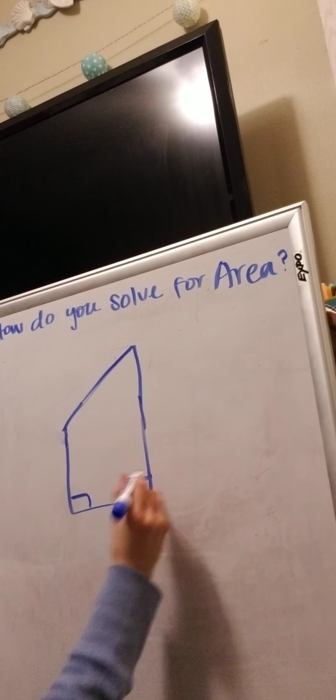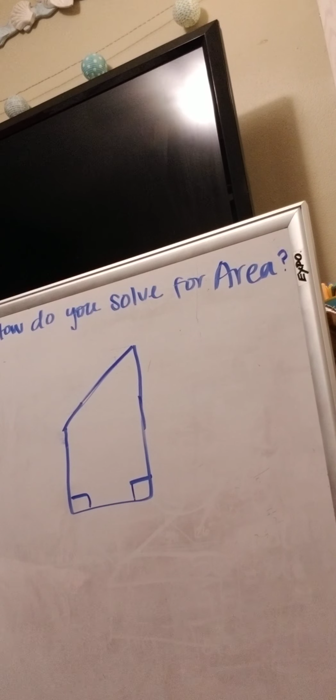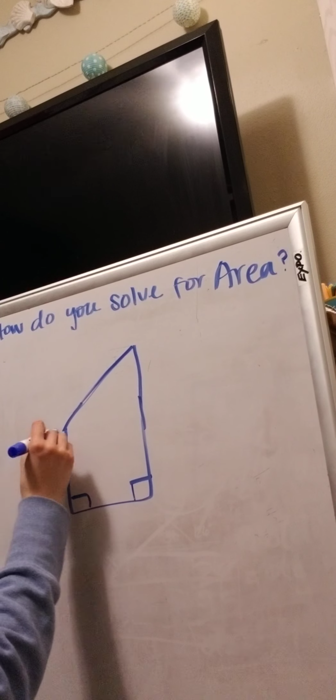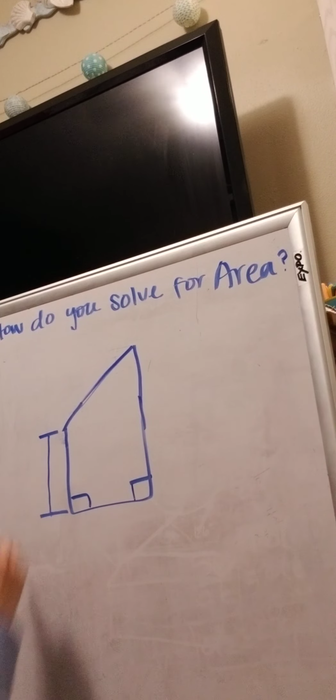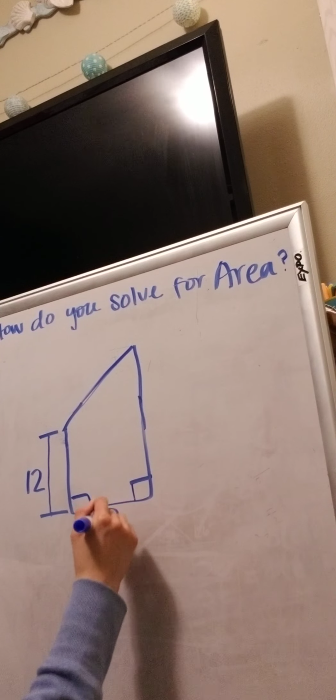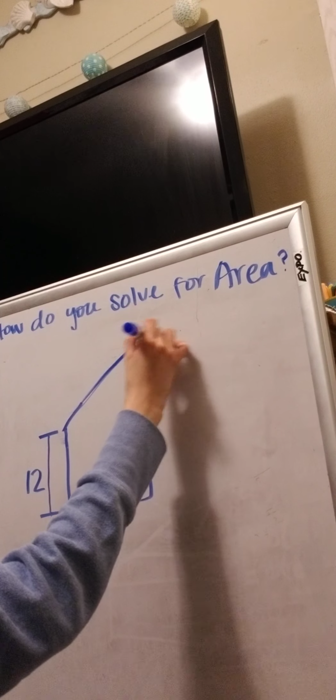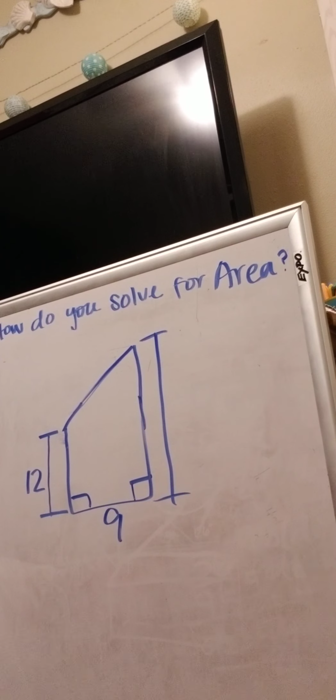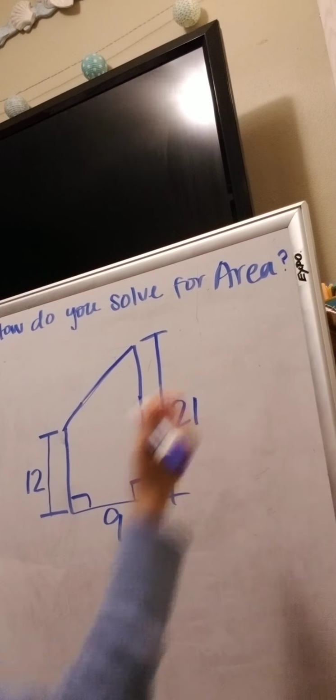These are right angles. So we're given the height of this side is going to be 12. This side is going to be 9. And this height over here is going to be 21.